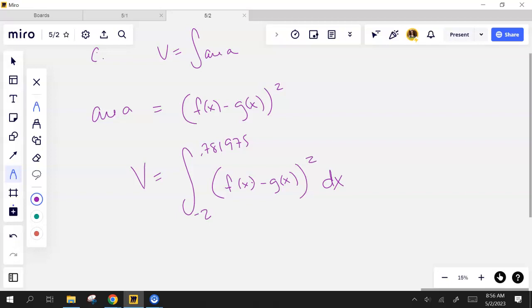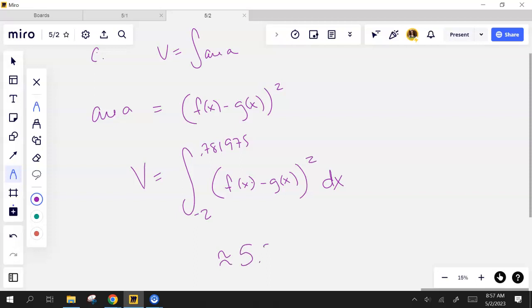So integrate from -2 to 0.7819, y1 minus y2 squared. I get 5.340.